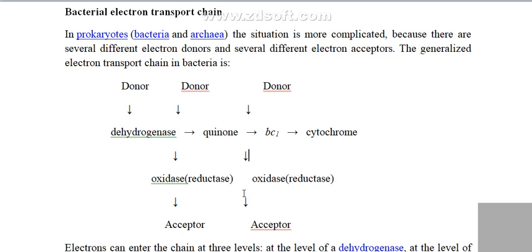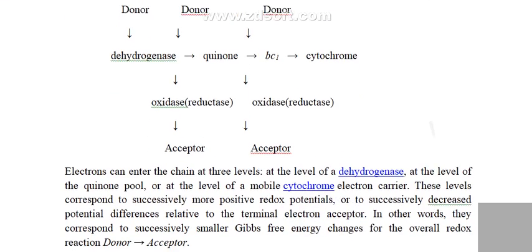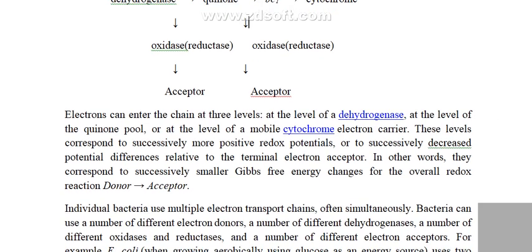So the terminal electron acceptors are either nitrate or ammonia, or hydrogen sulfide, etc. Different forms are usually found in microorganisms. So you have a generalized idea now of how the electrons are donated and what the terminal electron acceptors are.